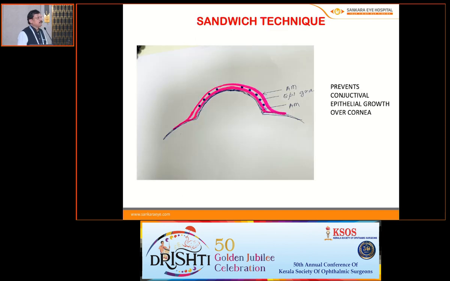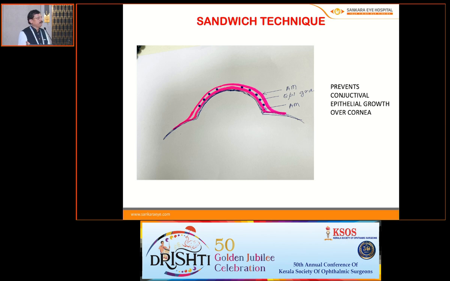And one more complication of this SLET is the conjunctival epithelium can migrate below the amniotic membrane and come over the cornea. To avoid this complication, a technique has been described, where the amniotic membrane is placed and epithelial cells are placed.